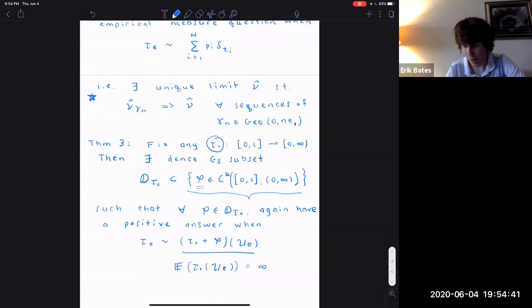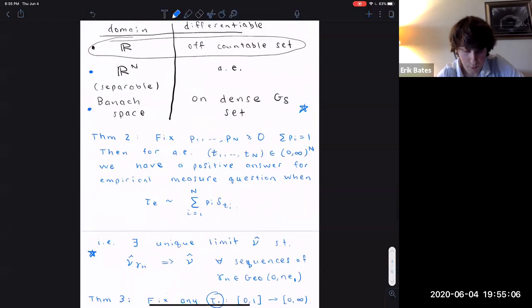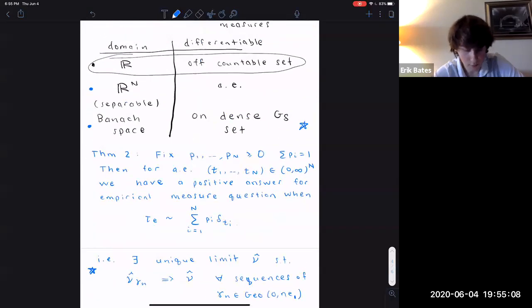Or you could violate any bounded moment assumption, because tau naught here is completely arbitrary. It's any measurable function you want. So I can give positive answers to Hoffman's question for arbitrarily poorly behaved edge weight distributions. And you can use these three different types of differentiability results in different ways to get other types of examples.